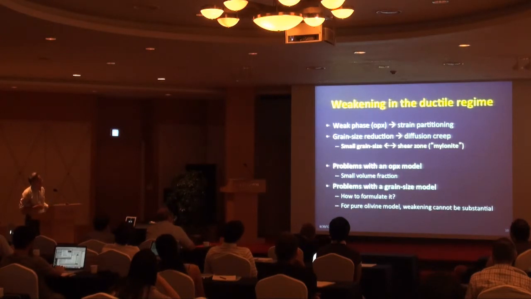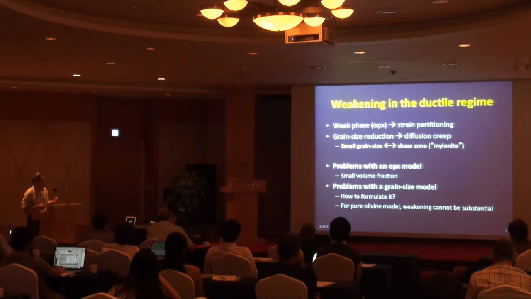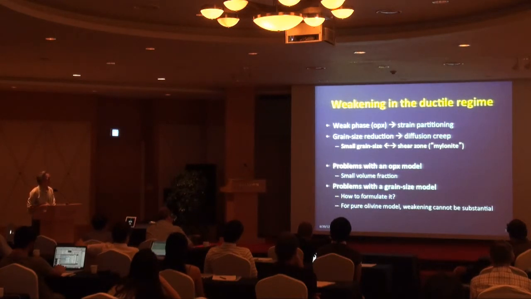And so therefore, you might speculate that OPX might help reduce the strength. That is one possibility. And also the well-known concept by which you can imagine weakened material is the grain size reduction, because ductile strengths of materials are sensitive to grain size, and if you have processes by which you can reduce the grain size significantly, then sometimes you can reduce the strength.